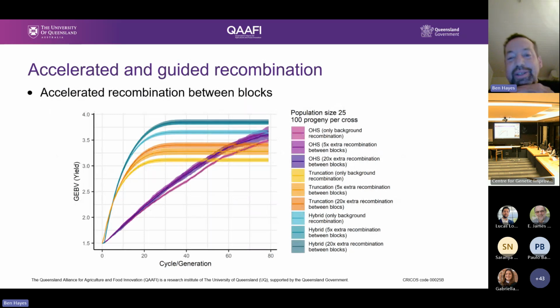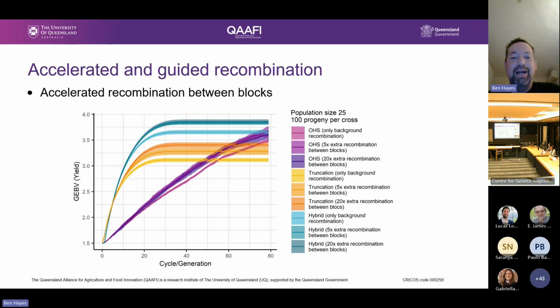And our researcher, Kira, again looked at this and asked, did it speed up the attainment of these ultimate genotypes? And in fact, it does. If you just compare the light blue line there to the dark blue line, the dark blue line is when you have this hybrid scheme of choosing the parents that contain the best haplotypes and stacking them together using truncation selection.